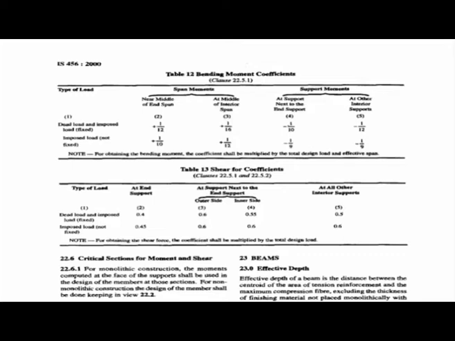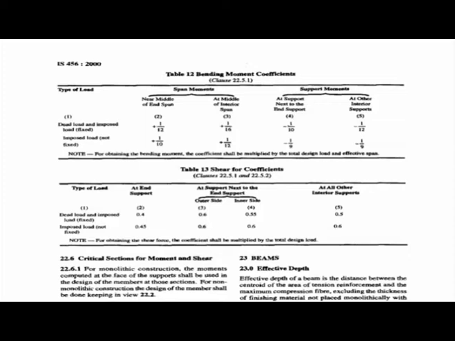the bending moment. That means these tables 12 and 13 are very useful. In the absence of any analysis, you can immediately start your calculation based on these coefficients. To find out bending moment, use table 12, and use table 13 for shear force. Now, there is one thing you see, at end support, again fixed and not fixed.